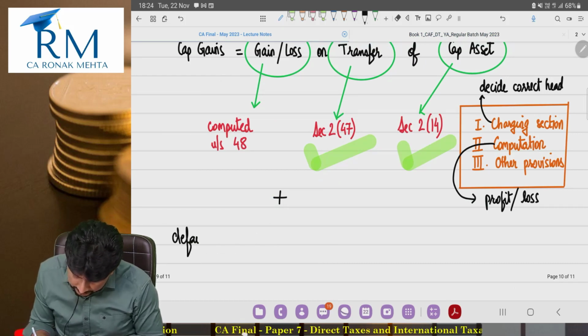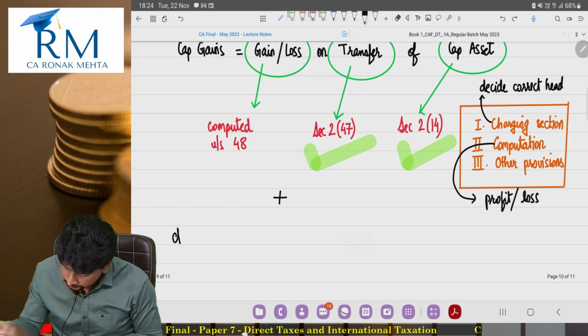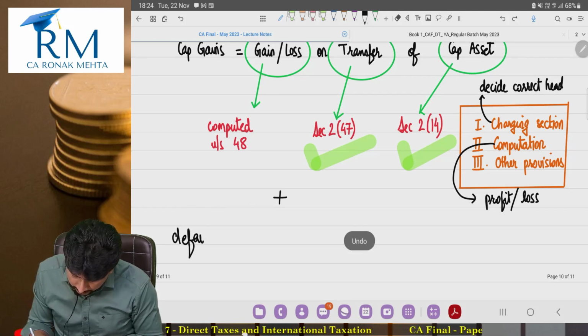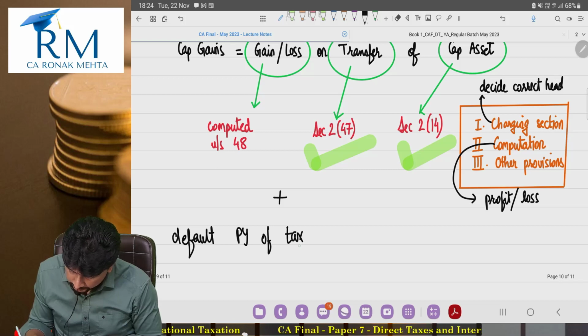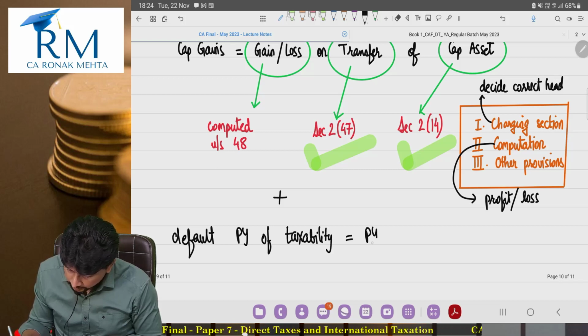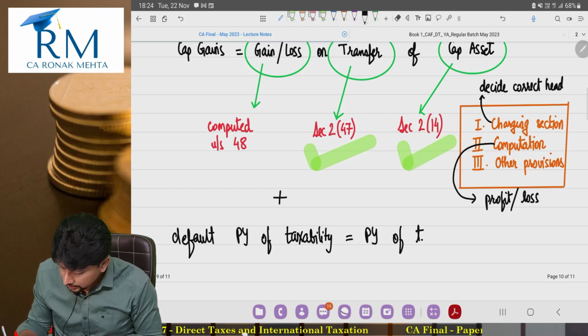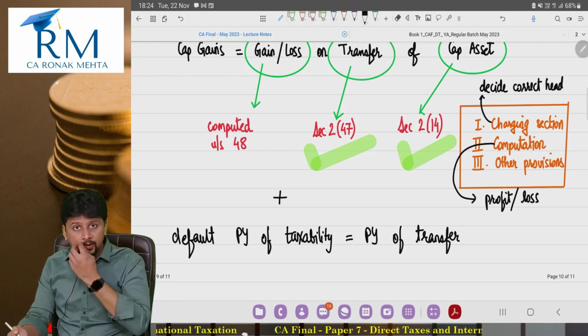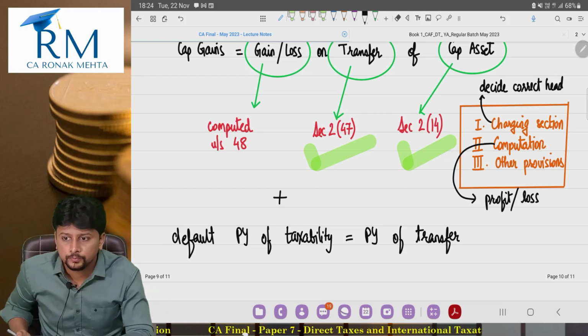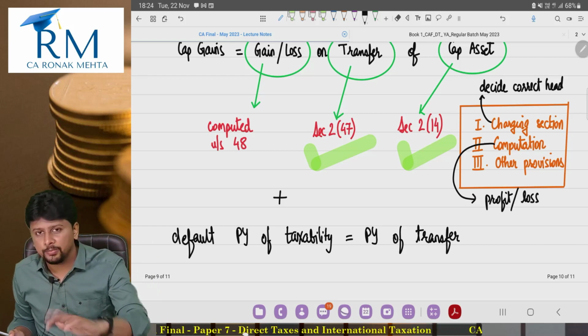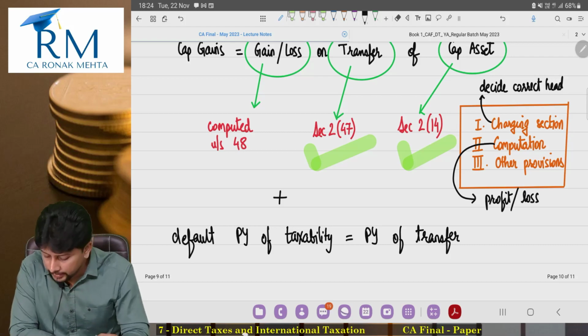If nothing is given in the question, by default it will be taxed in the year of transfer. As we go ahead in the chapter, you will observe that this is the default rule, and there are exceptions also to this default rule. We'll see this at that point of time.